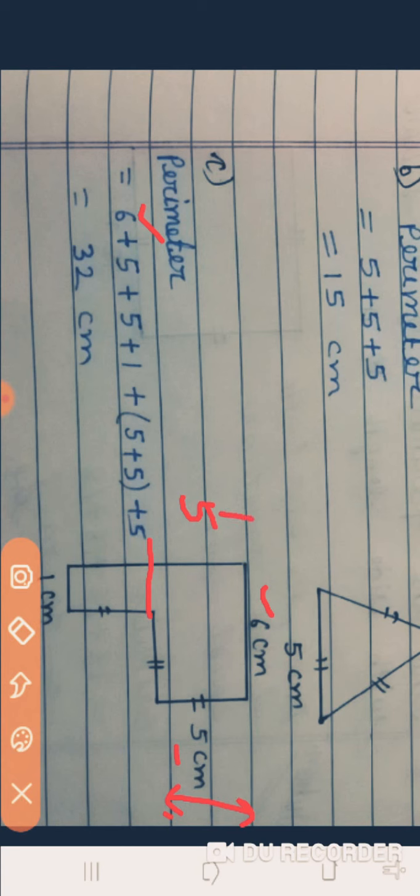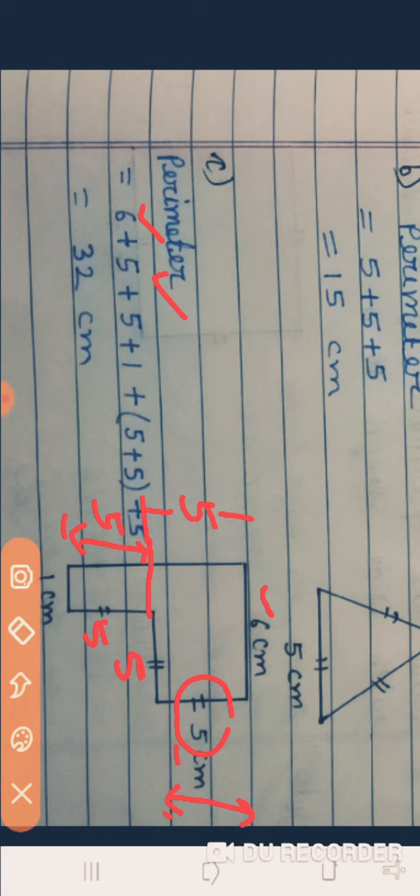After that, this length is also 5 centimeter. Why? Because according to the figure, this sign indicates that this is also 5 centimeter. So these both are equal, it means this is also 5 centimeter.